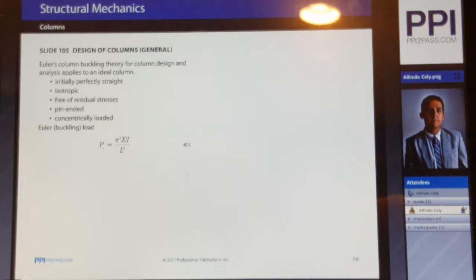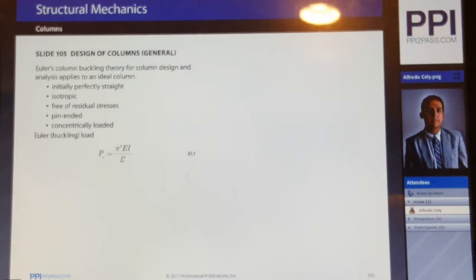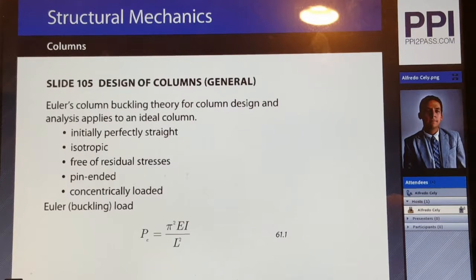Now, Euler's column buckling theory for column design and analysis applies to an ideal column, which is initially perfectly straight. The column is isotropic. It is free of residual stresses. It is pinned on both ends, and it is concentrically loaded. So we have here equation 61.1 from CERM that provides you with the Euler buckling load.